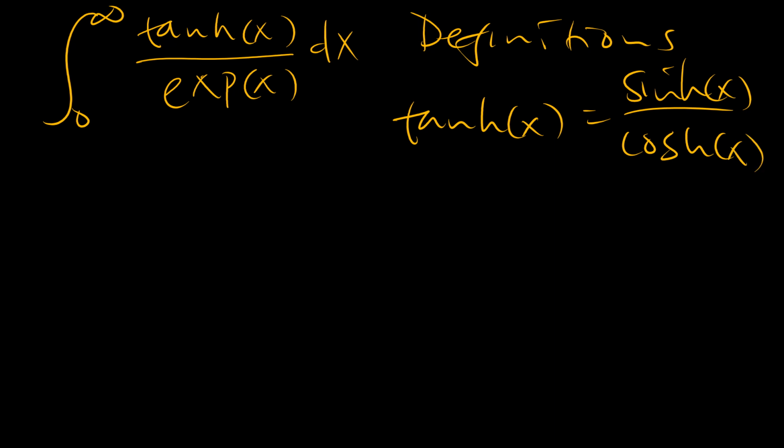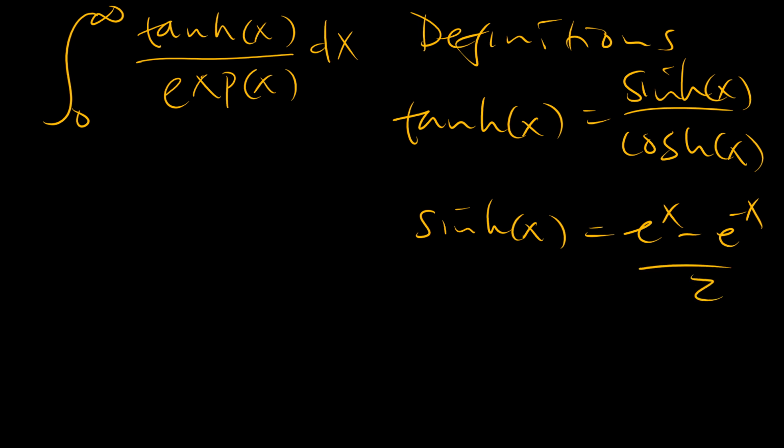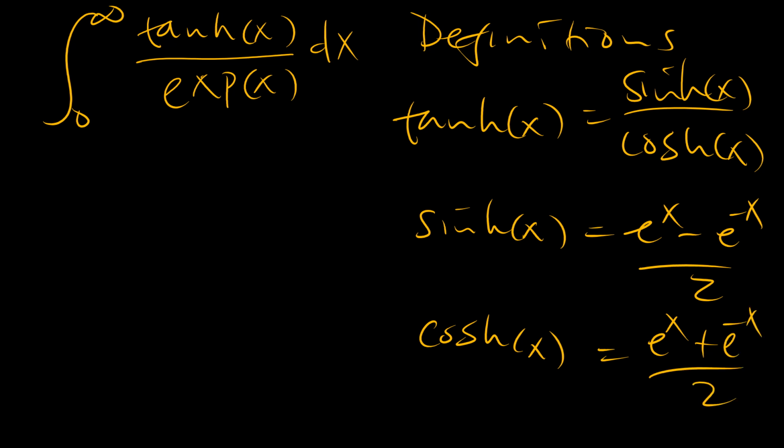And we know that the hyperbolic sine of x is simply equal to e to the x minus, apologies for that, minus e to the minus x over 2. Hyperbolic cosine of x is e to the x plus e to the minus x over 2.